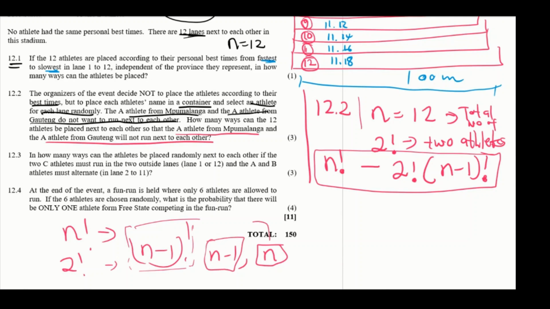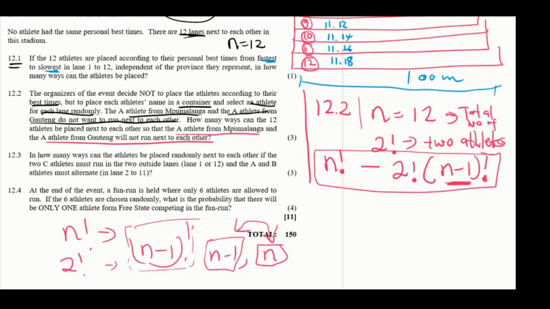So this is next to N, right? So it determines the position between N and the previous term, which is N minus 1. So hence this defines the previous term, which is N minus 1. So the entire expression says that the athletes do not want to run next to each other.